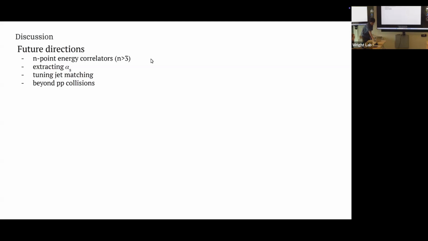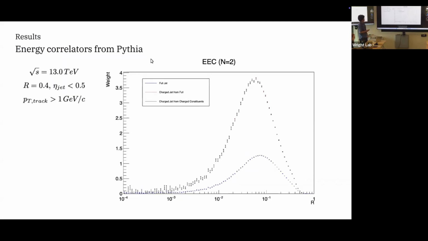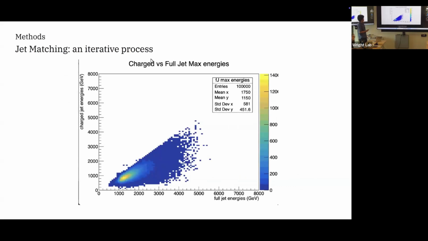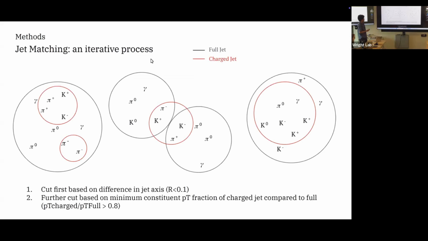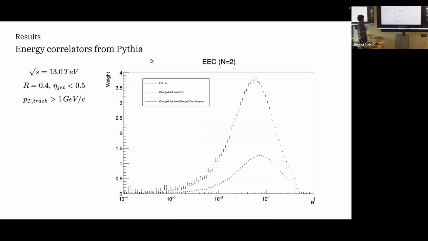Can you go back a couple of slides? I just had a quick question about the difference between the charged jet from full and the charged jet from charged constituents. Are they identical? I can't tell from here if the points are. Yeah, it's hard to tell.